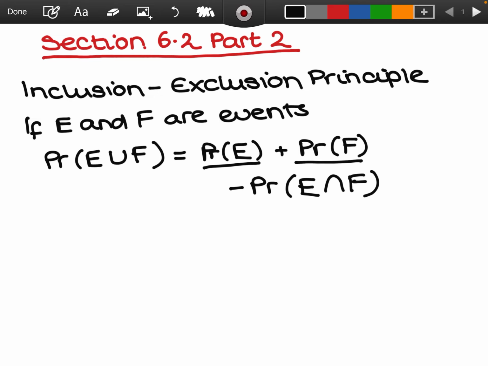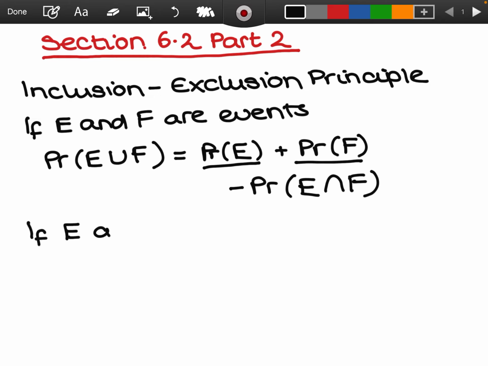So those outcomes that land in both of those events have been counted twice. So the probability of E union F happening is going to be the probability of E plus the probability of F, but then we have to subtract the probability of the intersection happening, as it has been counted twice when we've added the probability of E and the probability of F. So it's very similar to when we were looking at the number of elements in a set.